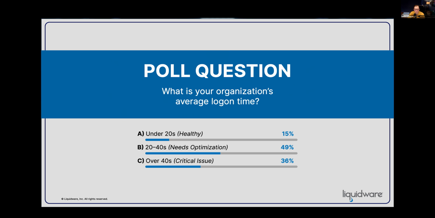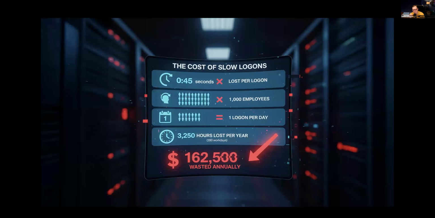So, we're going to go deeper on the logons, but I just wanted to highlight this. You and I have talked about this before, the cost of slow logins. Now, we've just put together a typical example of a 45-second login, which we've seen is about the average. If you've got 1,000 employees, one logon a day, that's over $162,000 wasted annually.